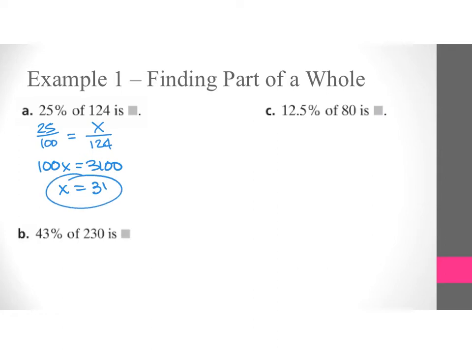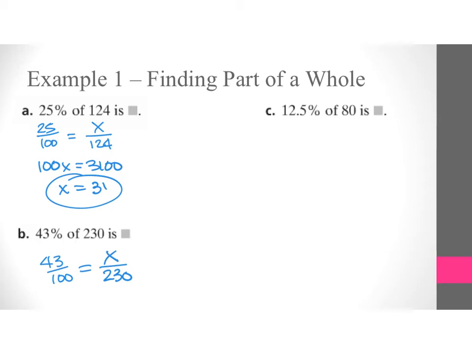So if I were to take 31 and divide it by 124, then that would give me 25%. For part B, I want to know 43% of 230 is what? So I'm going to write my 43% again as 43 over 100. And the 230 is my whole, and I'm looking to solve for that part.